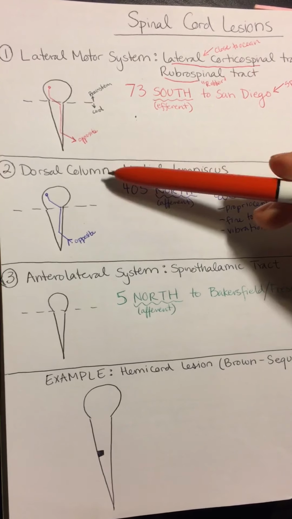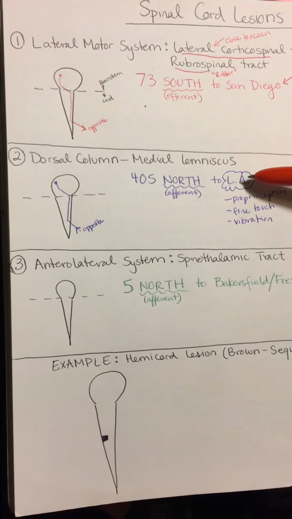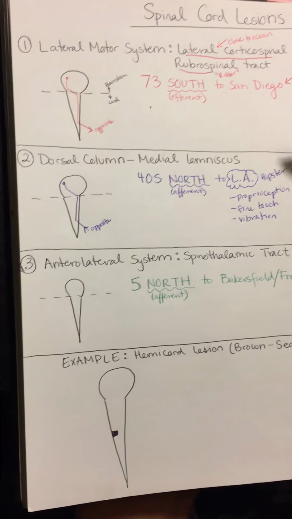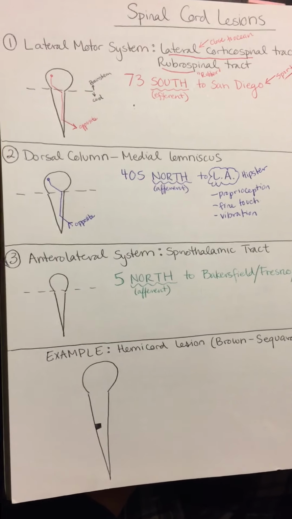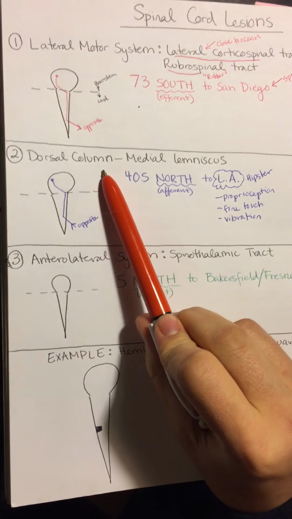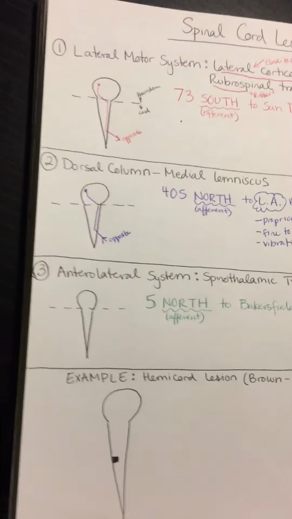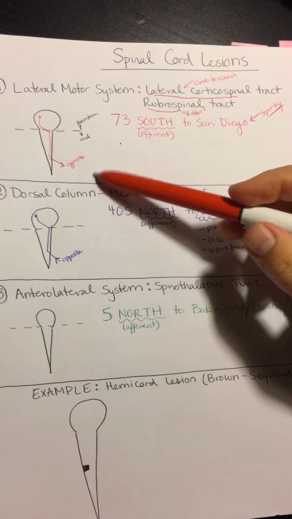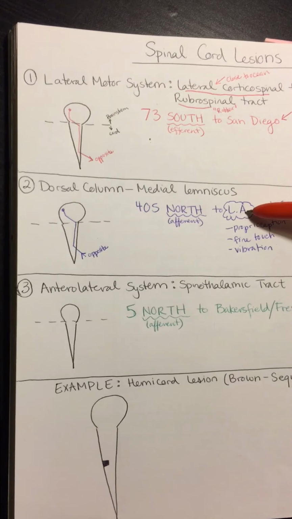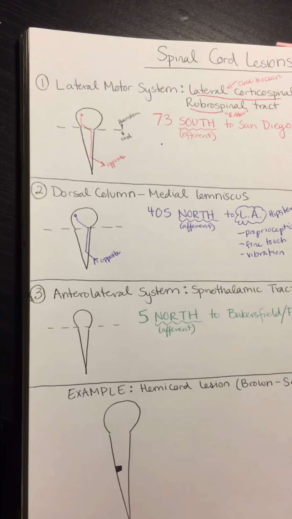So you're going to remember the dorsal columns, medial lemniscus is the 405 north to Los Angeles, where all of the hipsters are obsessed with their fine touch, vibration, and proprioception. You're going to remember the name dorsal columns because LA is on top of Irvine if you're looking at a map. So it makes sense that the tract going to LA is dorsal because dorsal means on top.